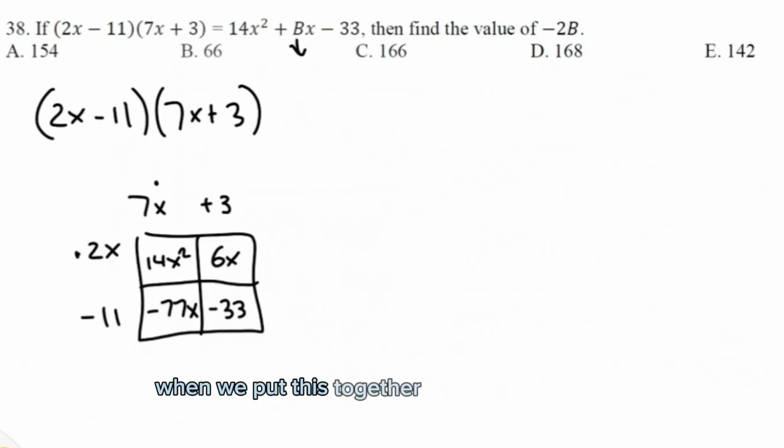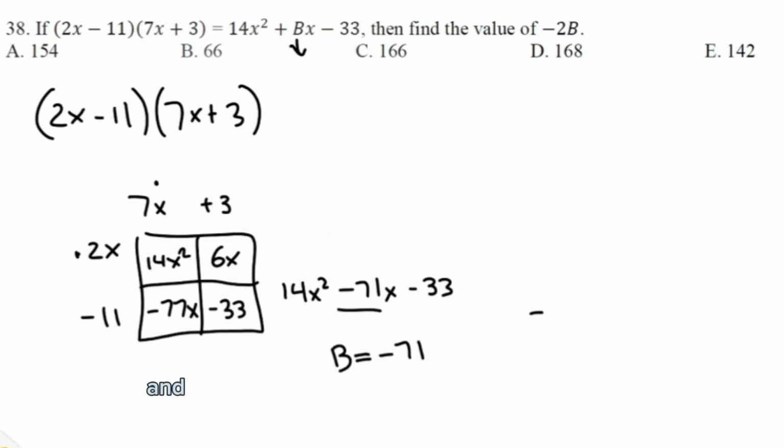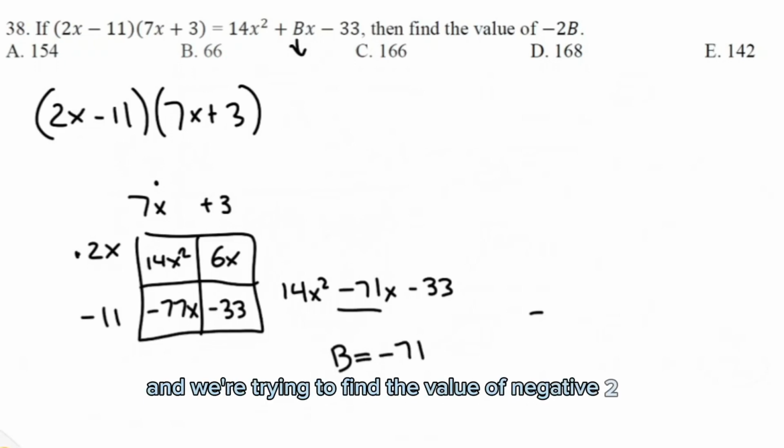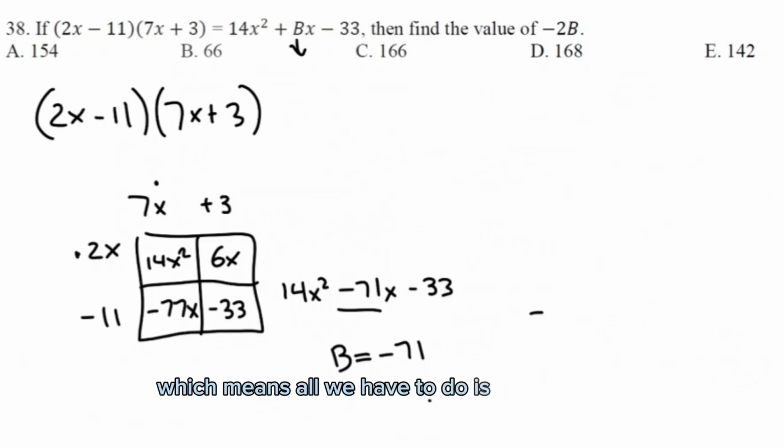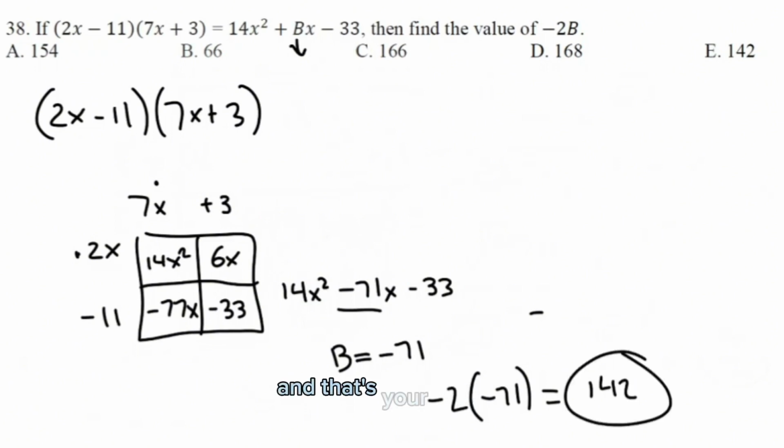When we put this together, we get 14x squared minus 71x minus 33. So now we can see that the coefficient of x is negative 71, which means b is equal to negative 71. And we're trying to find the value of negative 2b, which means all we have to do is negative 2 times negative 71. That gets us 142, and that's your answer.